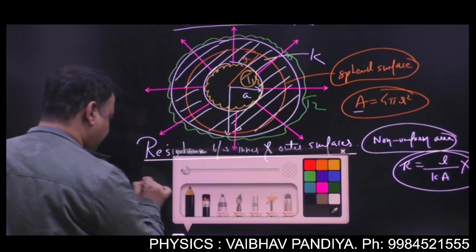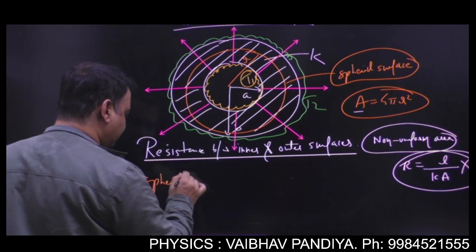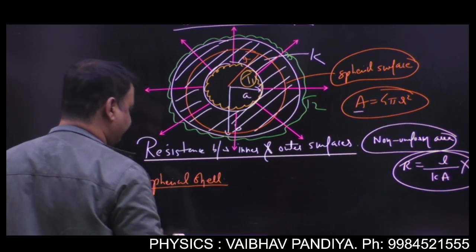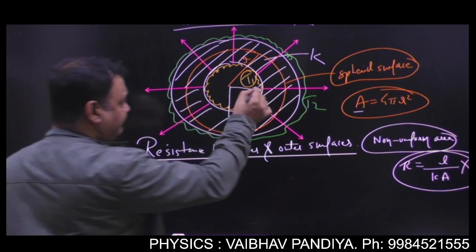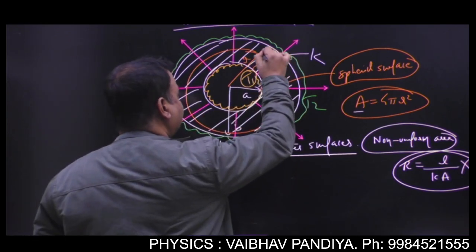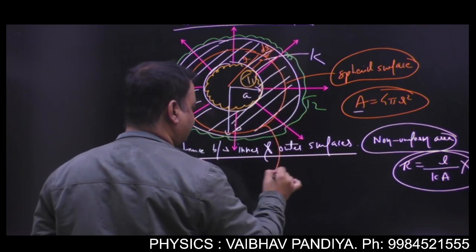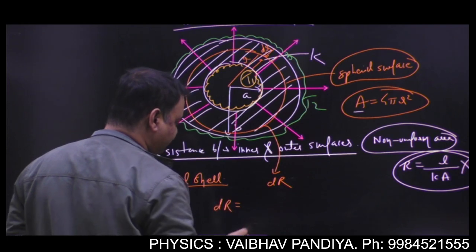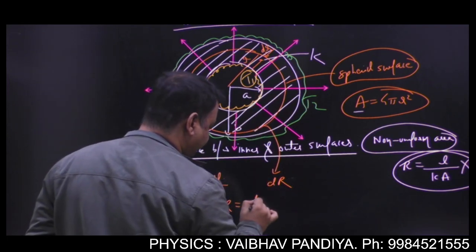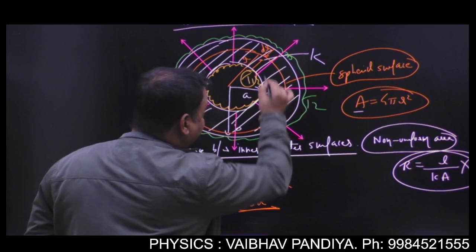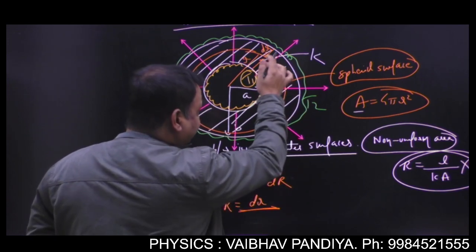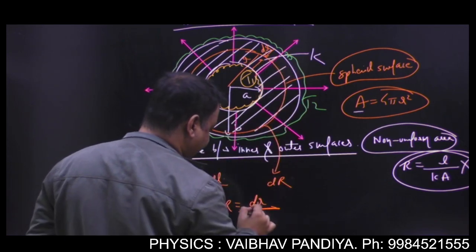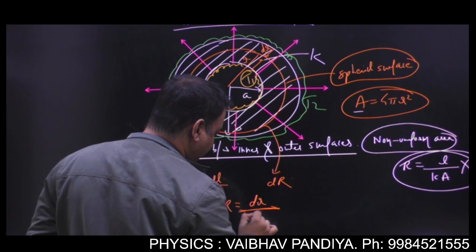So what we will do here, like in the previous problem where we took a cylindrical shell, here you will take a spherical shell or spherical envelope of radius r and thickness dr, and this has a resistance dR. So dR will be, as we have seen in the previous problem, the length, which is dr, the thickness which is being passed by current, divided by conductivity into area.